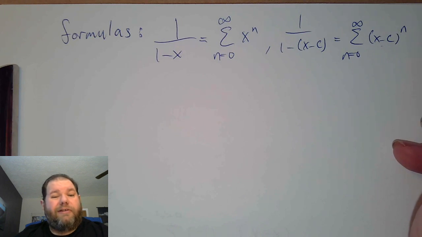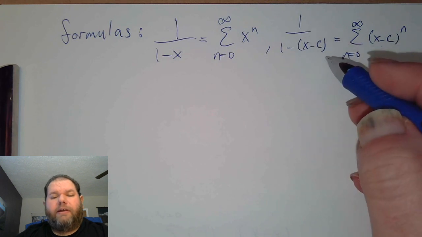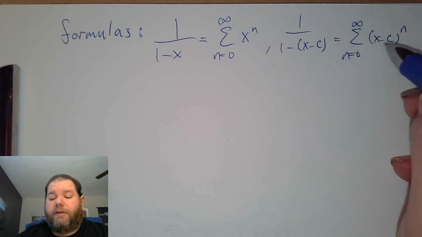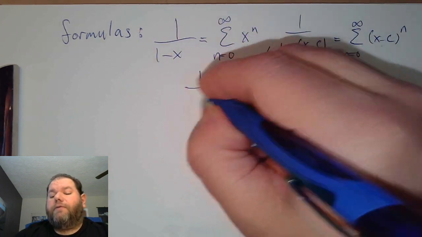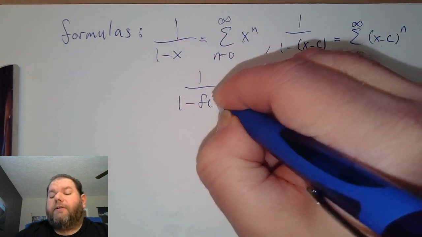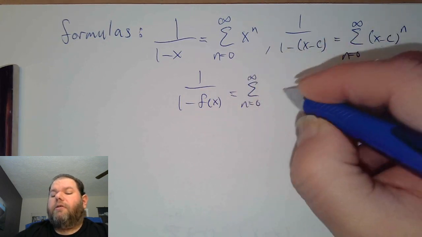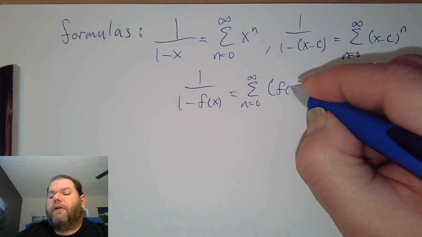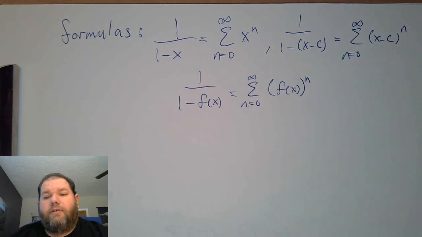That's really the larger story here, whether it's x or x minus c or a function of x, it would be that same function raised to the nth power. So 1 over 1 minus f of x is equal to the sum of f of x raised to the nth power. Okay? So that one is also true.